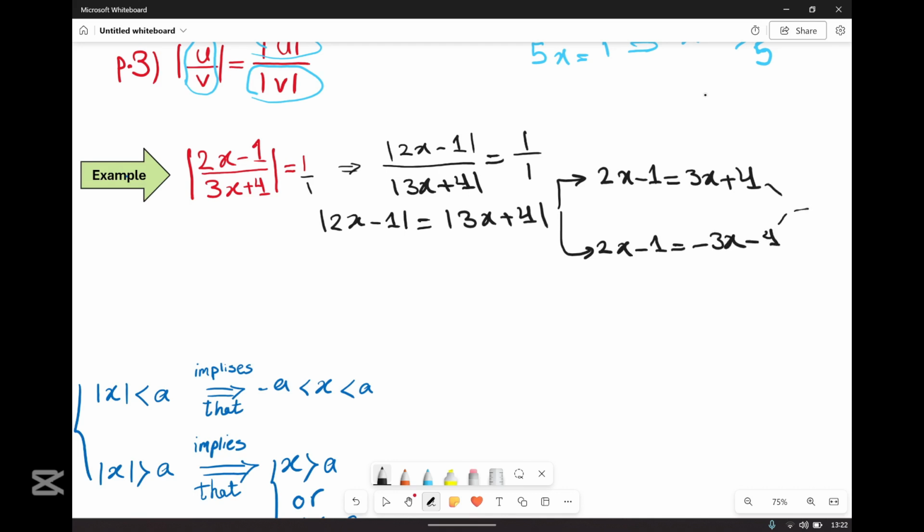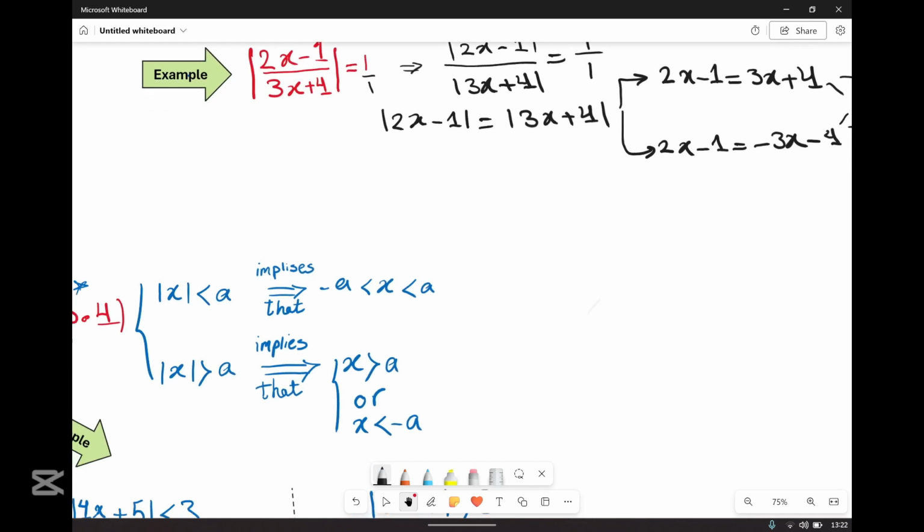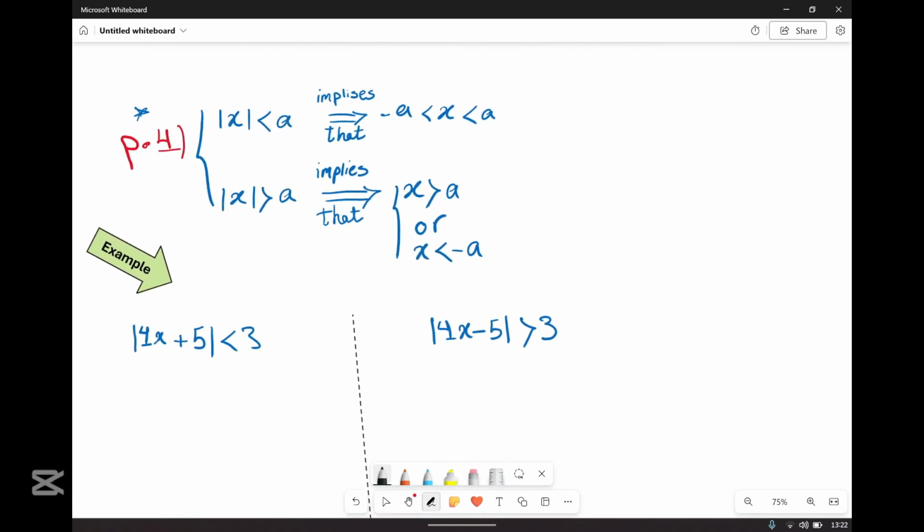I leave solving this equation for you as an exercise.